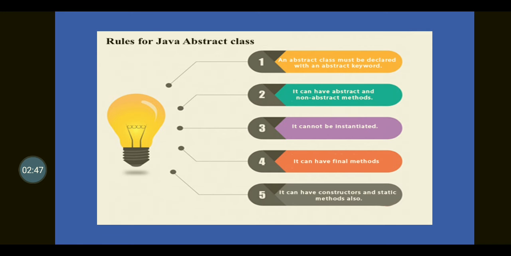Rules for a Java abstract class. An abstract class must be declared with the keyword abstract. It can have abstract and non-abstract methods.